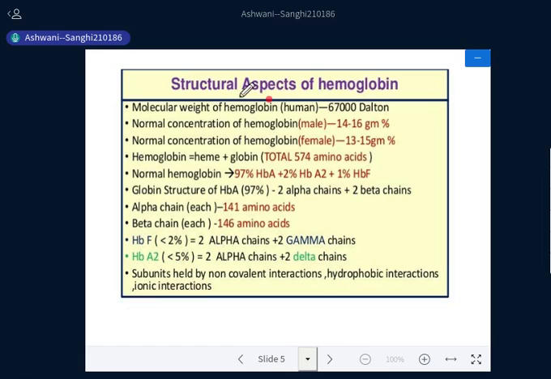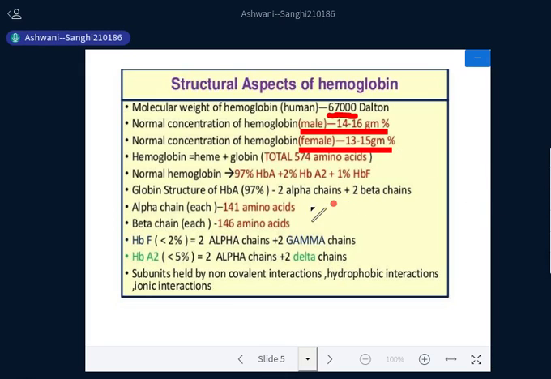Then the structural aspect of hemoglobin. Hemoglobin's molecular weight is 67 kilodalton. The normal concentration of hemoglobin in males is 14 to 16 gram, and in females 13 to 15 gram.